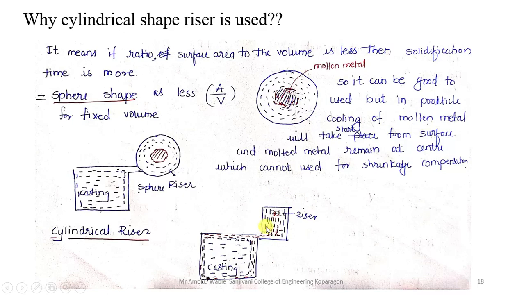The molten metal present at the vertical surface and horizontal surface will cool first, and a path will remain for the molten metal at the centroid of the cylinder to flow. So it has a path to fill this gap or to compensate it. So we use a cylindrical shape to make a riser.